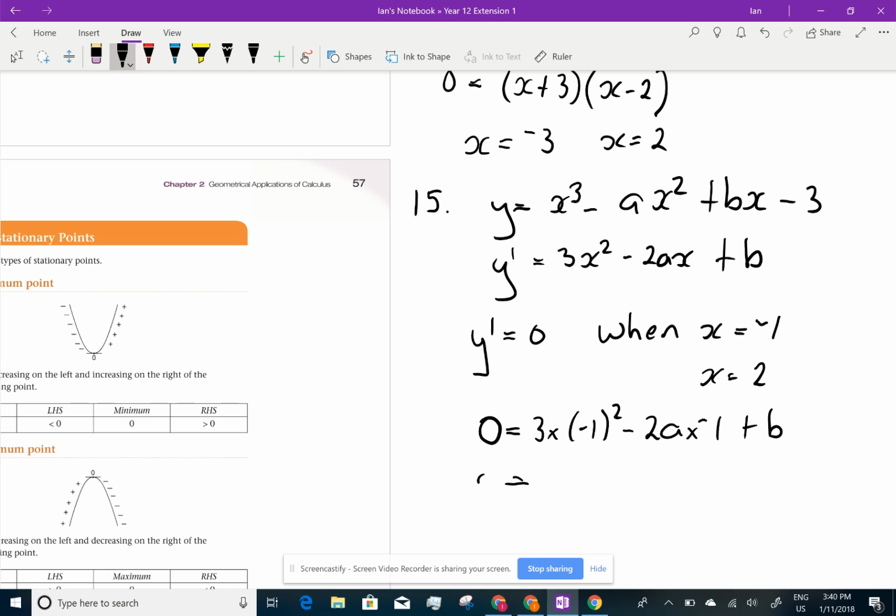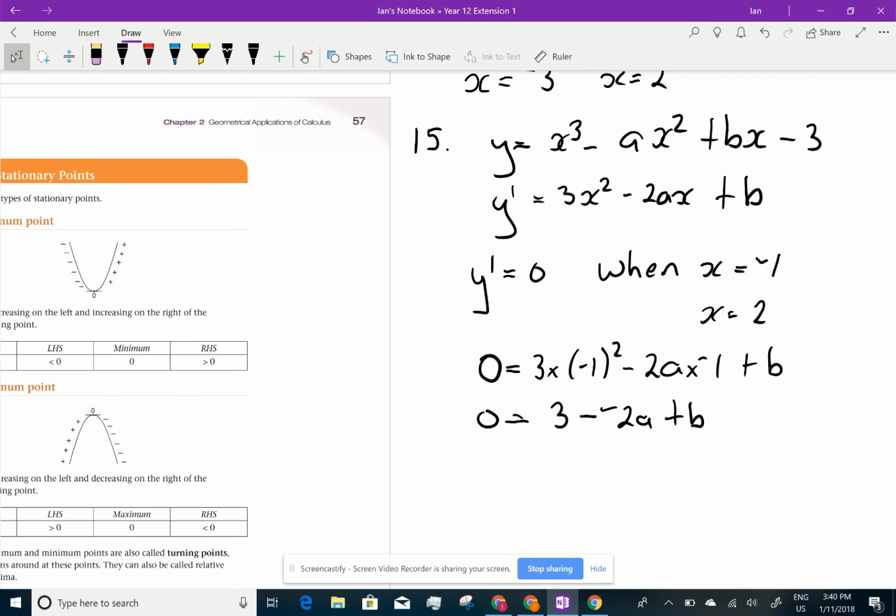And what do we get? 0 equals 3 minus 2a plus b. Oh, here we go. 0 equals 3 plus 2a plus b.